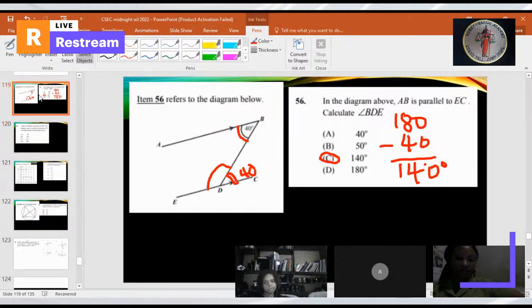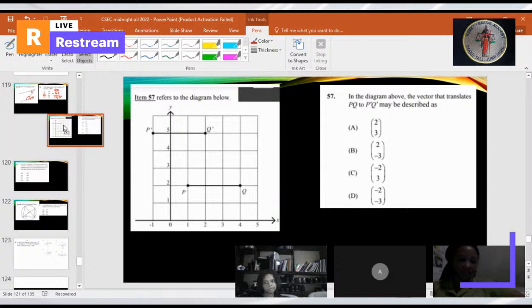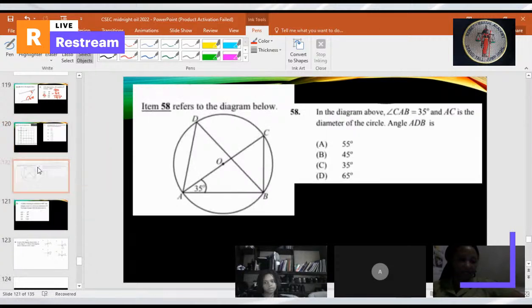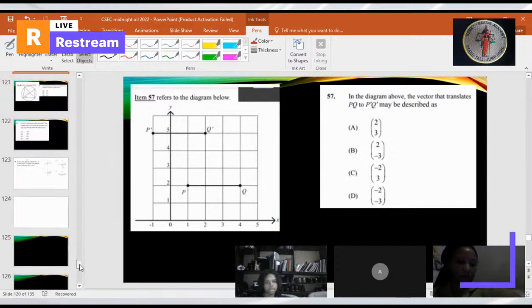All right. That was 56. So it's 57 now, and then 58. All right, so 57, Imani. Number 57. Item 57 refers to the diagram below.